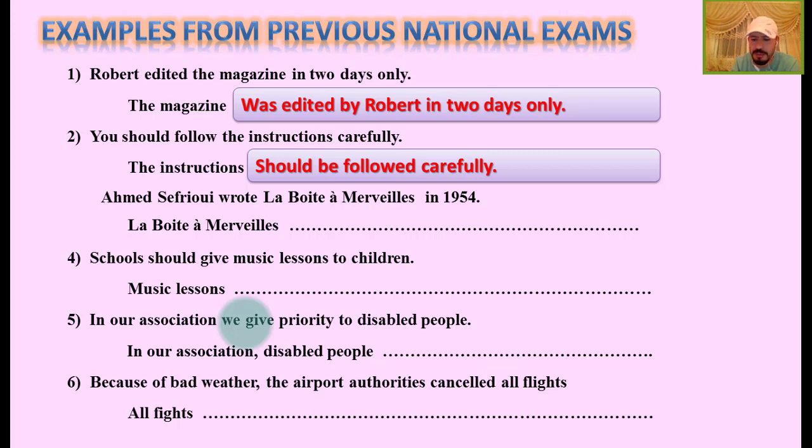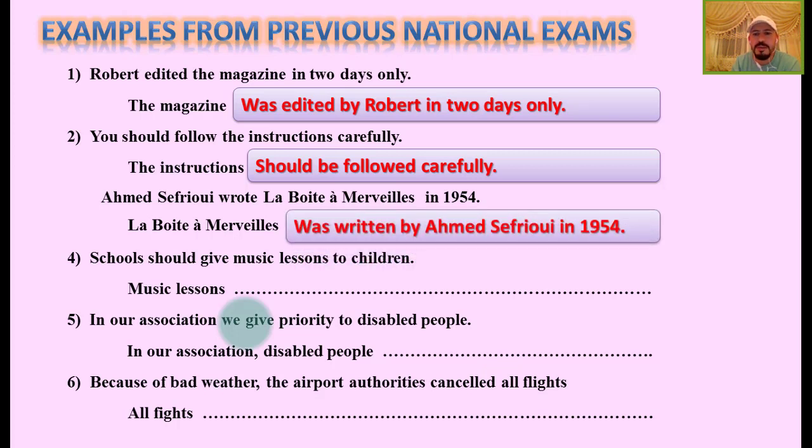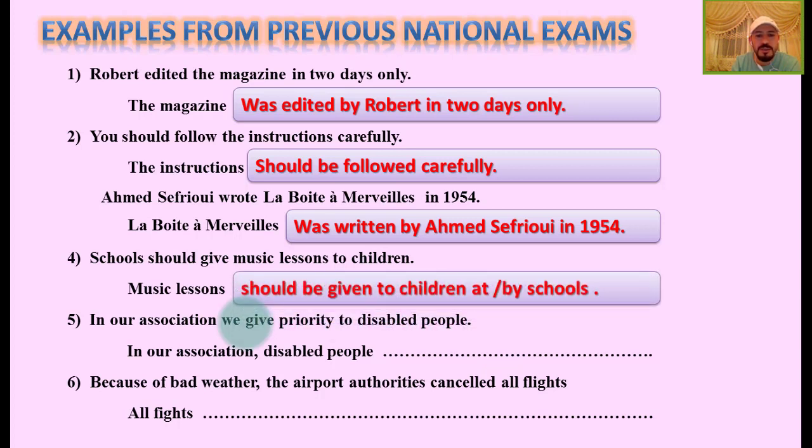It's a general statement. You, it means everybody. Number three, Ahmed Sfraoui wrote La Boîte à Merveilles. So it becomes La Boîte à Merveilles was written by Ahmed Sfraoui in 1954. Number four, music lessons should be given to children at school or by schools.